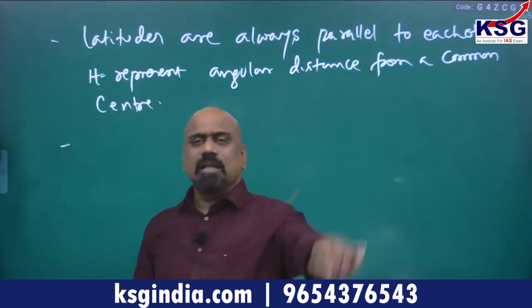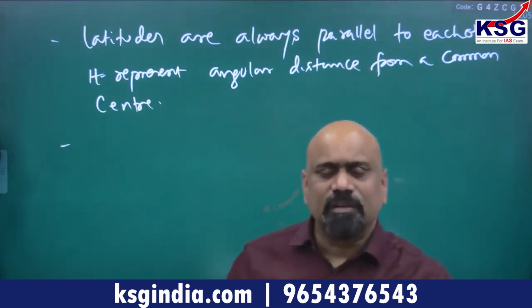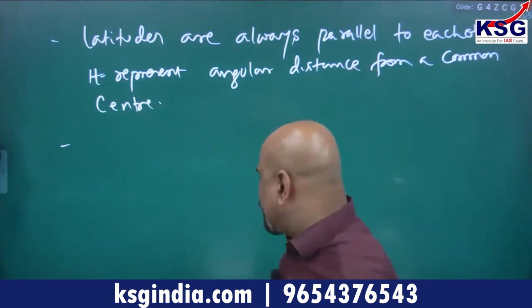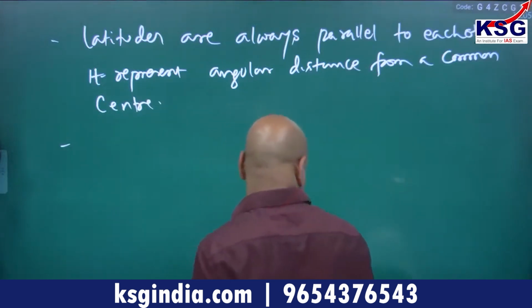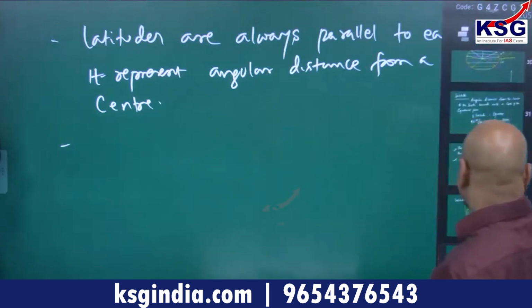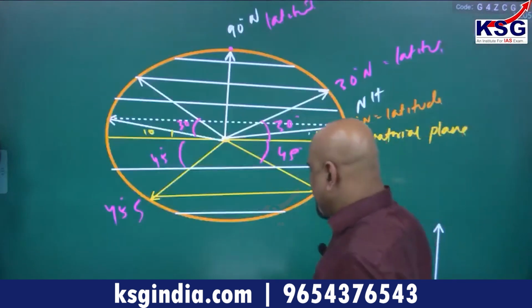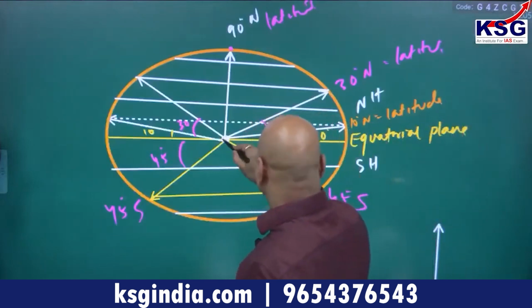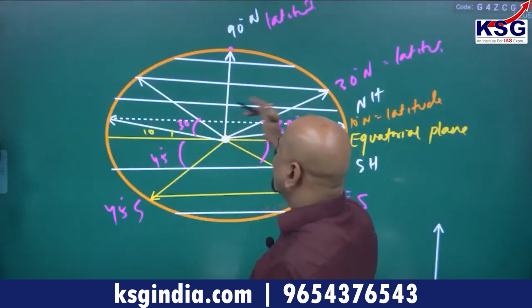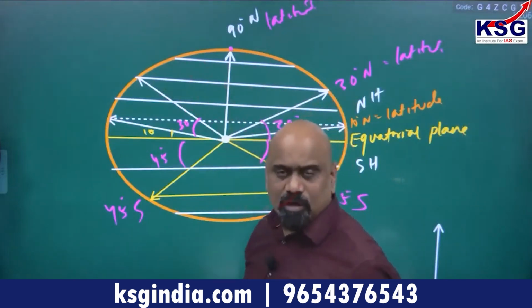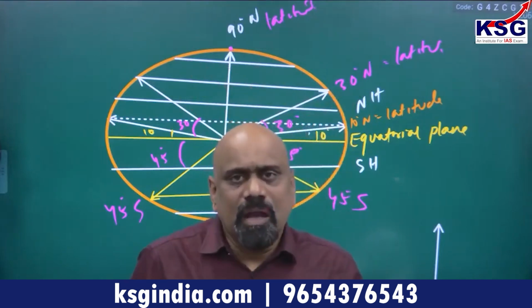If you are taking angular distance from a common center, definitely the angle will be the same, so they will be parallel. Because they are from a common center, these are parallel to each other always. Okay, I hope you got it.